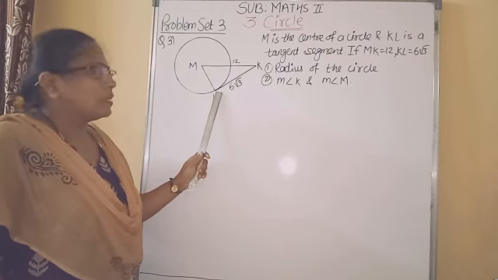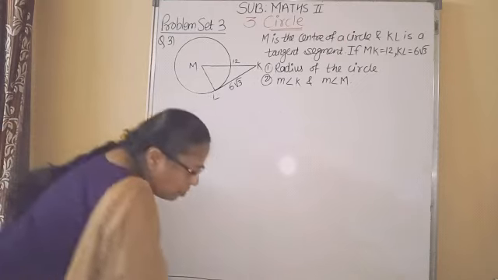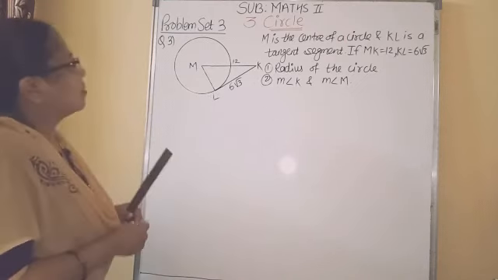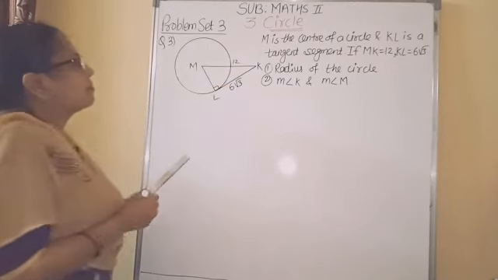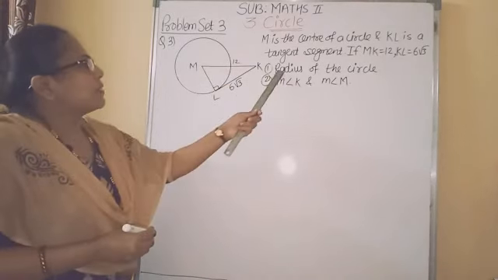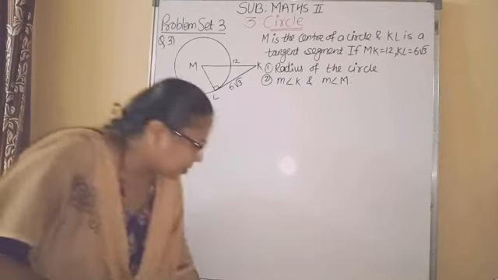So we will get angle MLK 90 degree. So first question is find the radius of the circle.